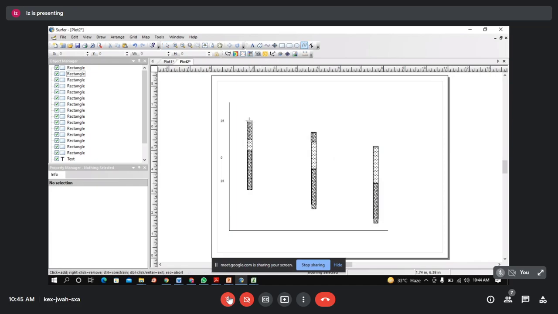Now you can join these three wells, join these three. Now here it is not extending, right? So you need to stop it somewhere. Okay, so this way you will have your hydrogeological cross section.